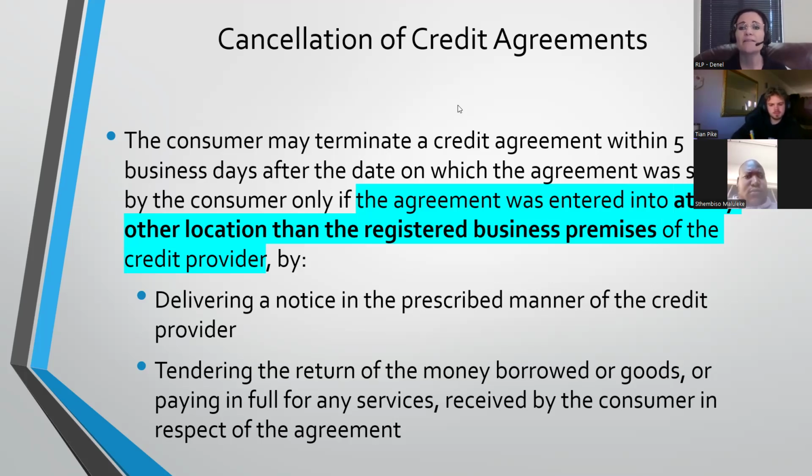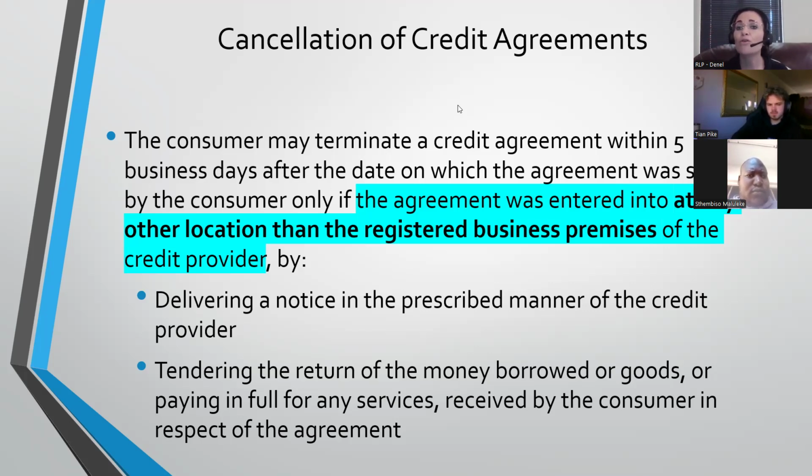The client maybe signed a vehicle finance contract, right? But they took delivery at their home. So the delivery note was signed at home instead of the dealer premises. This is not a registered business premises. So therefore, they have a certain amount of time where they are still allowed to back out of the agreement. Do you know what they call the specific time period?